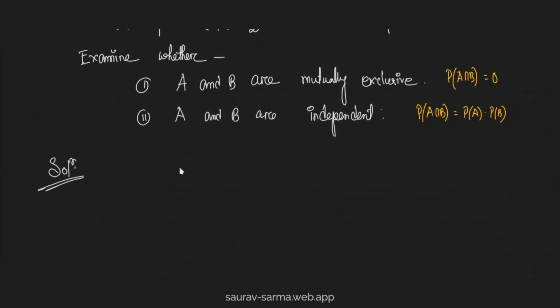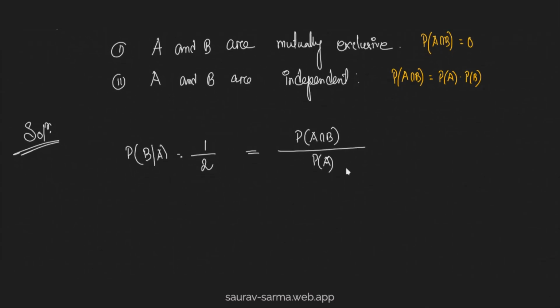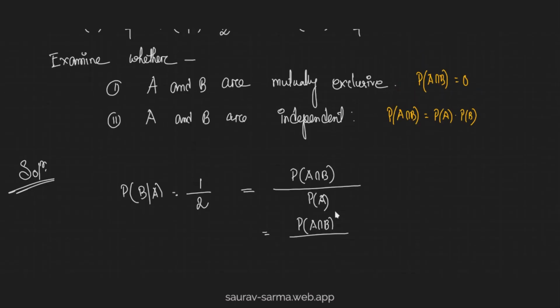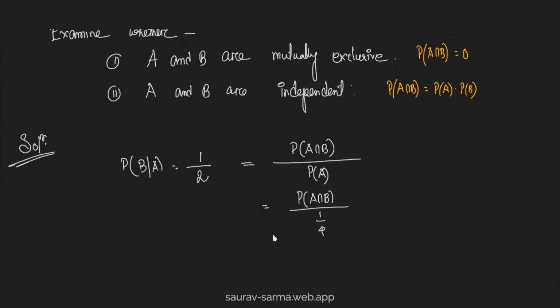So now it is given probability of B given A is half. This is equal to probability of B given A means probability of A intersection B by probability of A. The probability of A ki diya ase, 1 by 4.